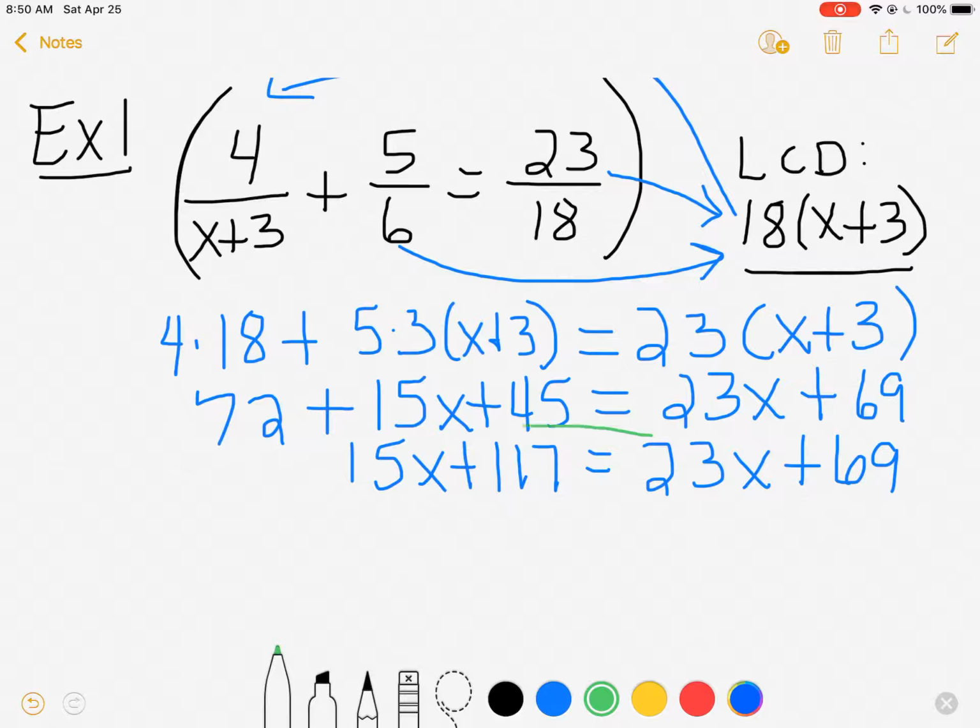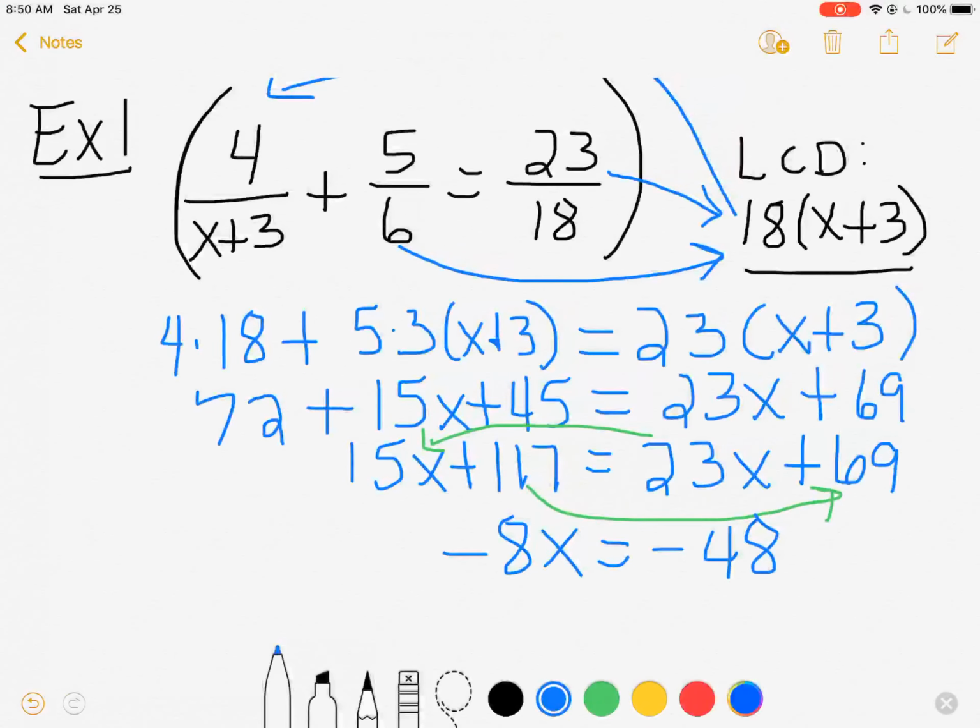I'm going to move my 23x over here, my 117 to the right hand side, subtracting those, and I get negative 8x equals negative 48. Dividing by negative 8, I see that x is equal to 6.